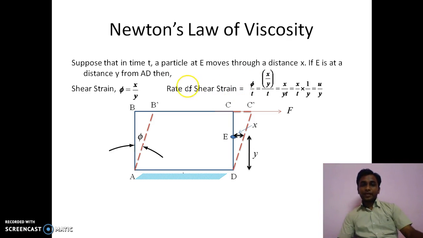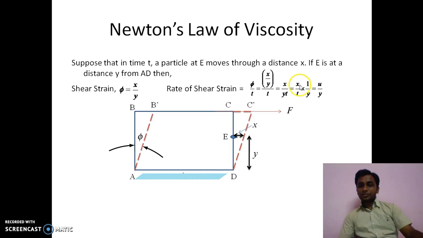Now this phi we have calculated as x upon y. So putting phi equals x upon y, x upon y divided by small t is equal to, shifting this y to the denominator, x upon y into t. Separating the terms, it is x upon t multiplied by 1 upon y.